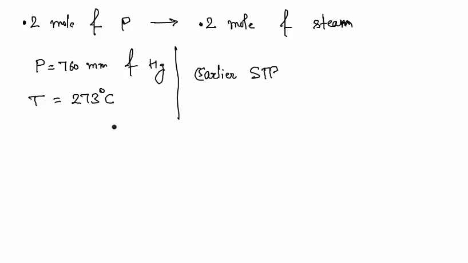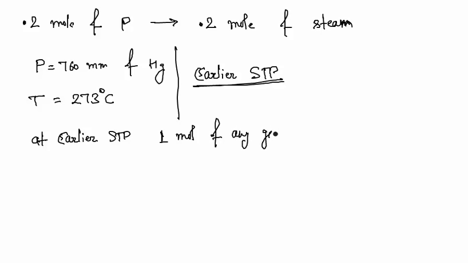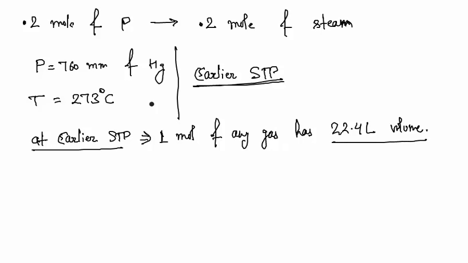What was the earlier STP? 1 mole of any gas has 22.4 liter volume at this earlier STP.